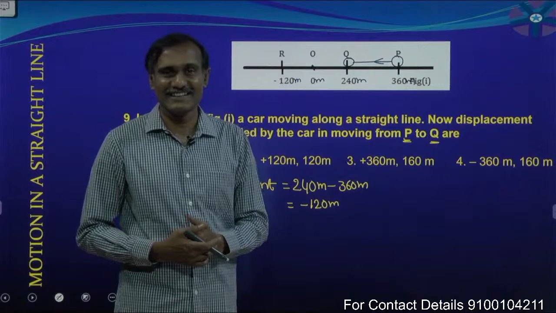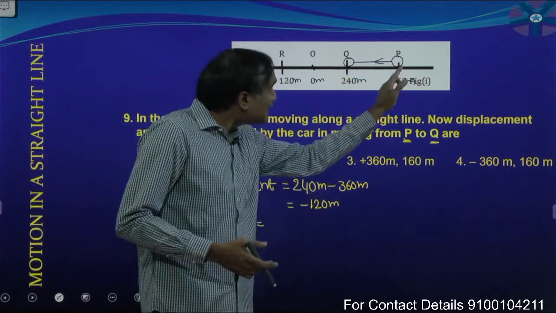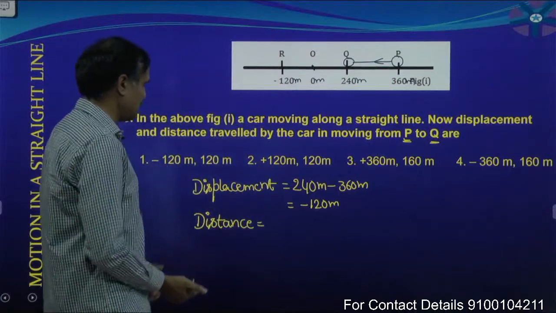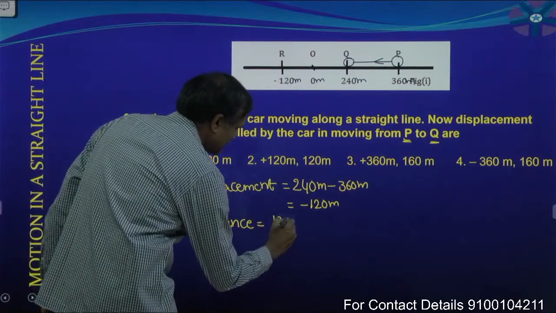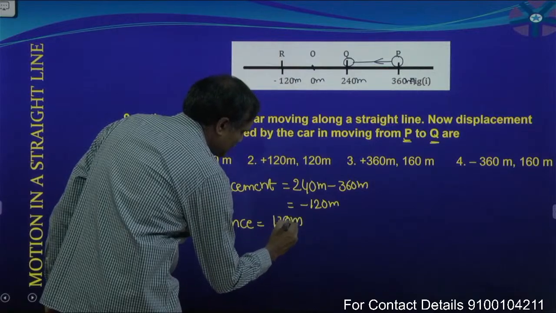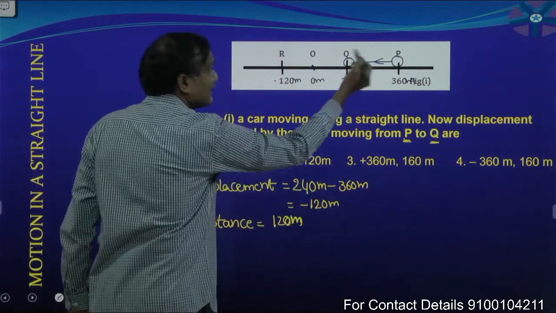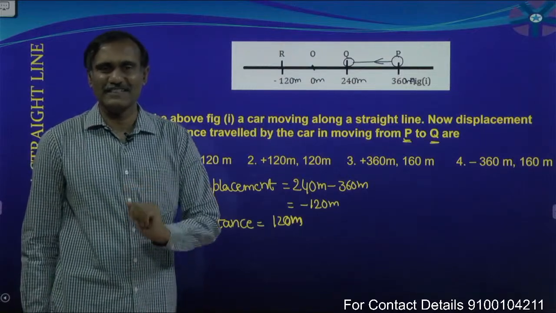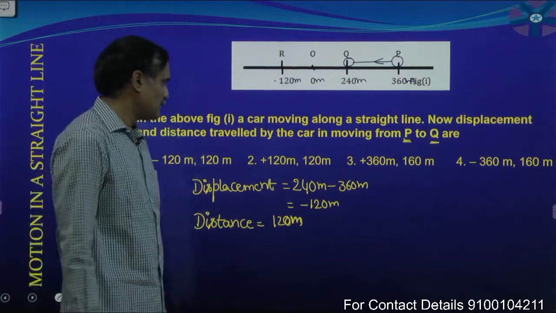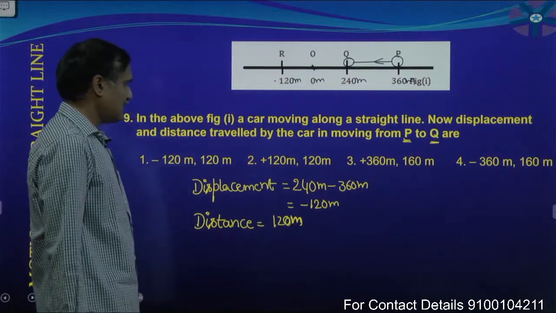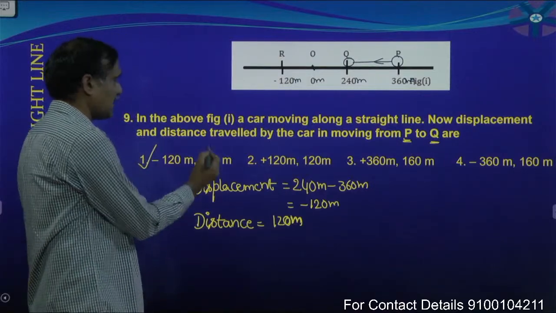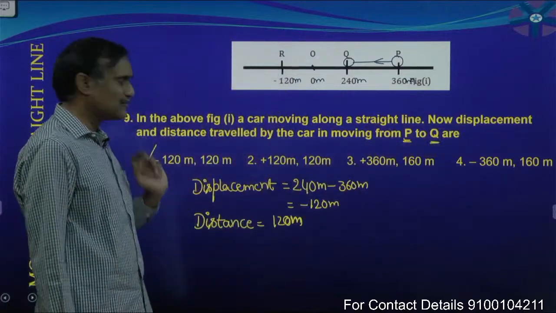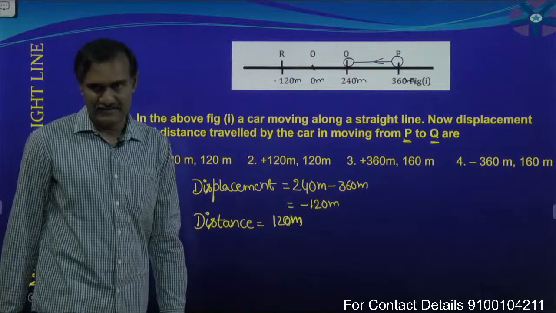Is it correct or not? It is just the length of this path, which is equal to 120 meter. So, which option is correct? Minus 120 comma 120. First is displacement and next one is distance.